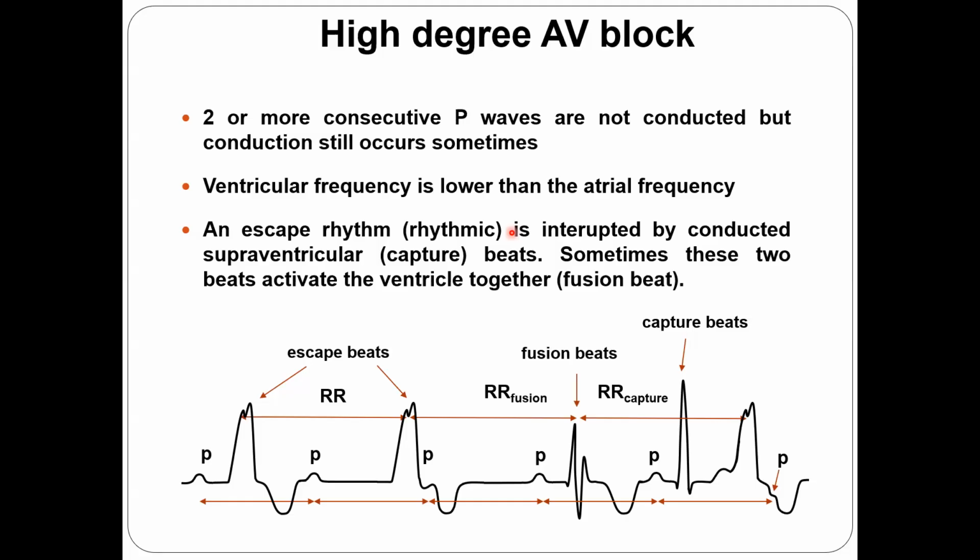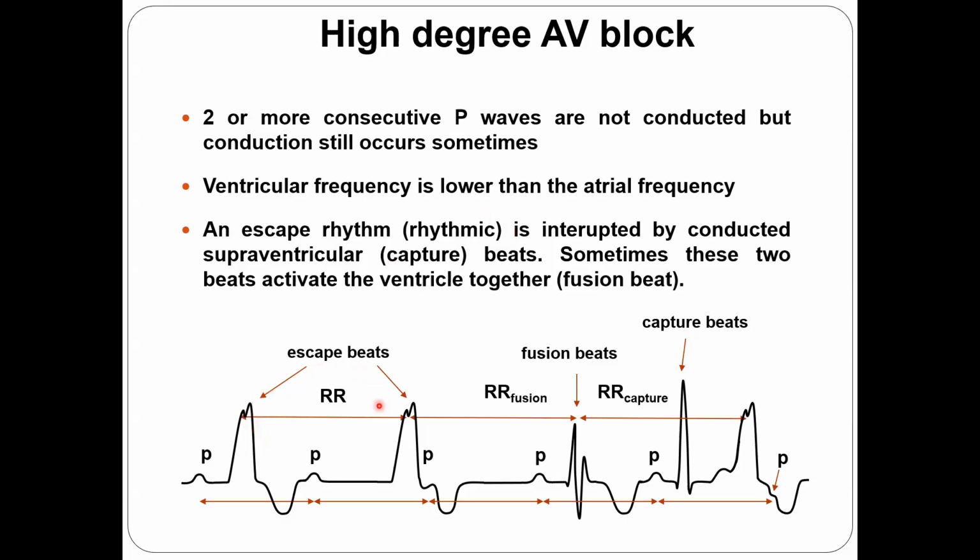However, we have a system that is saving our life, and that's the nodal tissue in the lower part of the AV node or inside the ventricle that generates its own impulse. However, the rate is much less, and that is rhythmic.